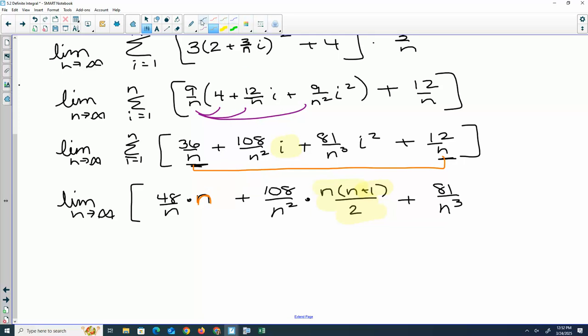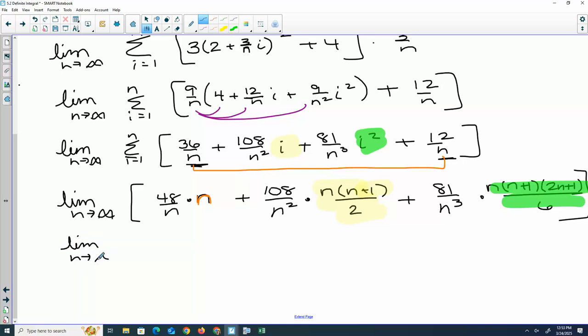And now I need my i squared formula, I keep saying cubed. n times n plus 1 times 2n plus 1 over 6. And that's just the i squared. Now, just lots of algebra. 48 over n times n is 48.